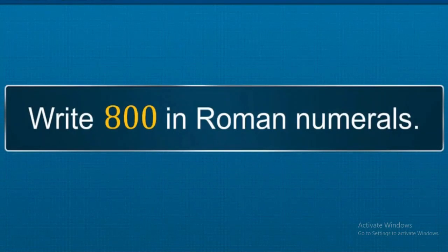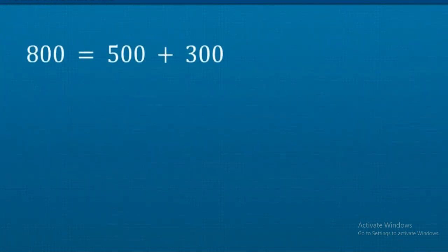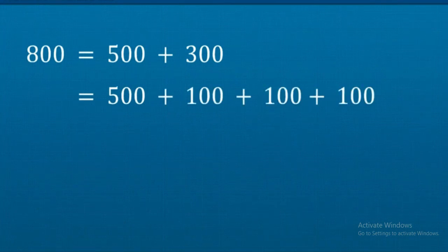Let's write 800 in Roman numerals. To make things easy, let's break up 800 as 500 plus 300. 300 can be further broken up as 100 plus 100 plus 100.